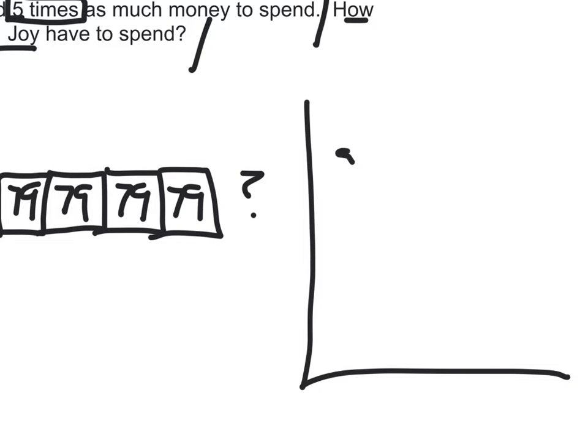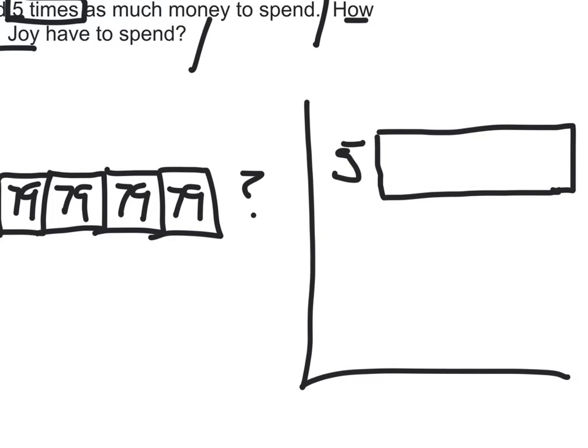So we had 5 times what Mrs. Bennett had. Mrs. Bennett had $79 to spend. All right? Now 5 times 7, 35.